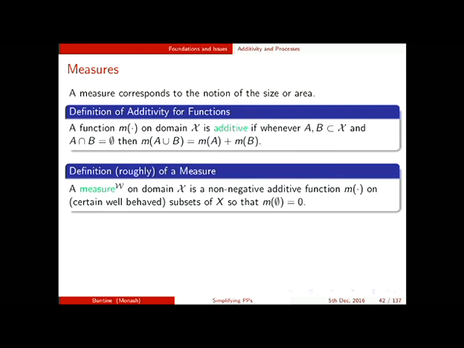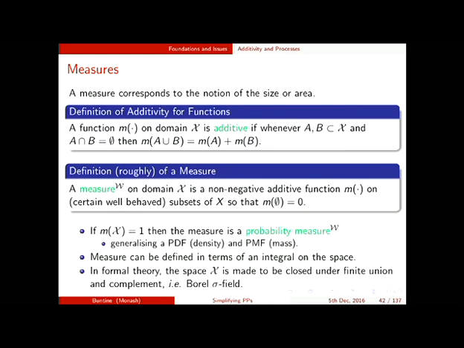In the engineering world we normally deal with, a measure is an integral. You can imagine any function can have an integral, so there's a huge number of measures. It's not like there's 6 or something. So a non-negative additive function is a measure. It's just the size. And if the whole measure gives you 1, it's a probability density or a probability mass. Okay, that's it for measure theory.